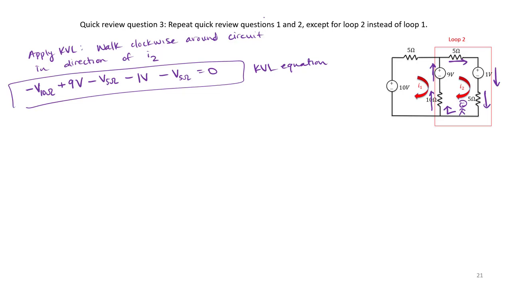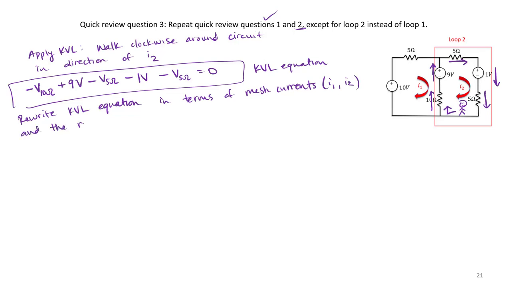So that was our quick review question 1. So now, repeating quick review question 2, now we need to rewrite the Kirchhoff's voltage law equation in terms of my mesh currents. That's I1 and I2. And the resistances.